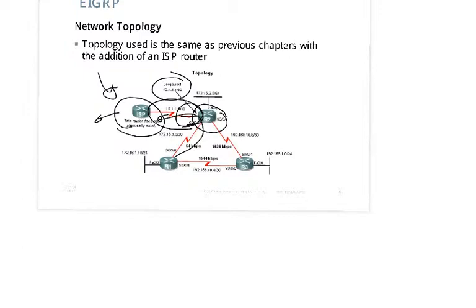So the normal operation of EIGRP will run in a normal way, and this ISP router will be a neighbor in the neighboring table of router 2, as if it's physical, although it's not. That's the main function of the loopback interface.